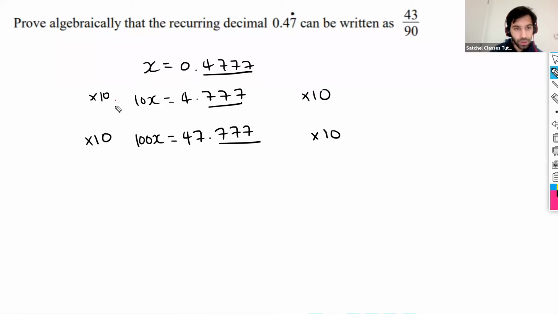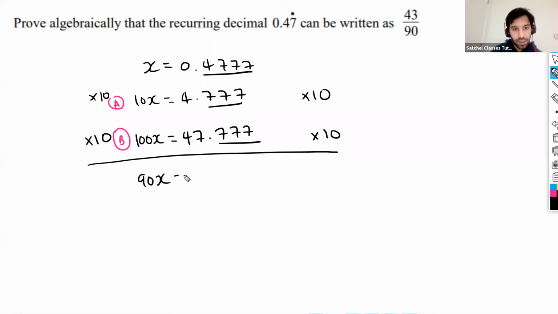Now I have the same number of digits after the decimal, so I can subtract the two equations from each other. I'm going to label this one A again, and this one B, so I know which two I'm dealing with. If I subtract them, 100x take away 10x is 90x, and 47.77 take away 4.77 recurring leaves us with 43. x is therefore equal to 43/90.